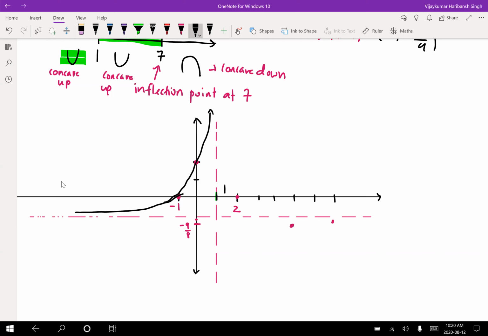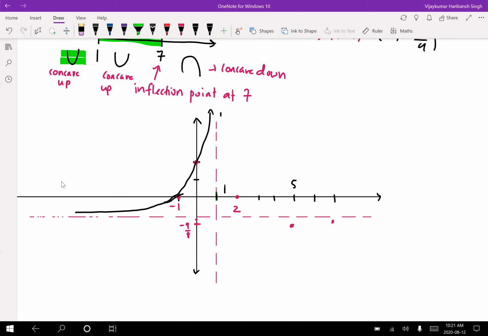So it's decreasing, comes down, cuts the x-intercept, still concave up, then goes down all the way until 5.